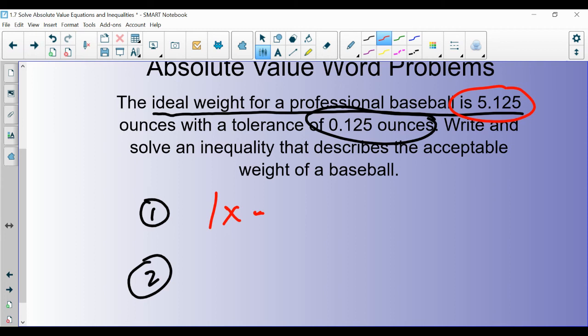So if it was like, hey, a can of pop is expected to be 12 ounces, that would be 12. This is what we expect it to be. So 5.125 ounces.